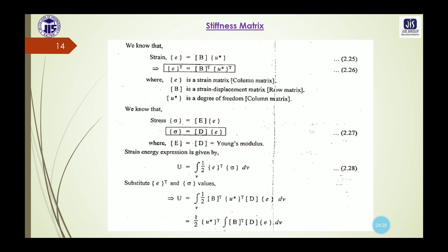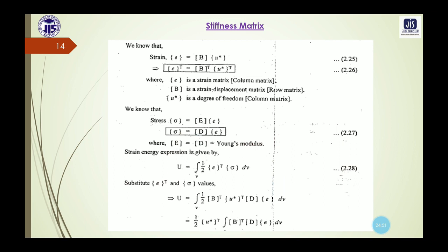Now we know the concept of stress, which is the Young's modulus multiplied by strain. So in matrix form, the column matrix of stress equals the matrix of Young's modulus multiplied by the column matrix of strain.